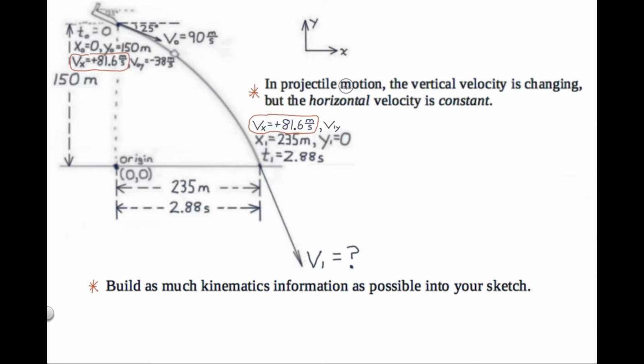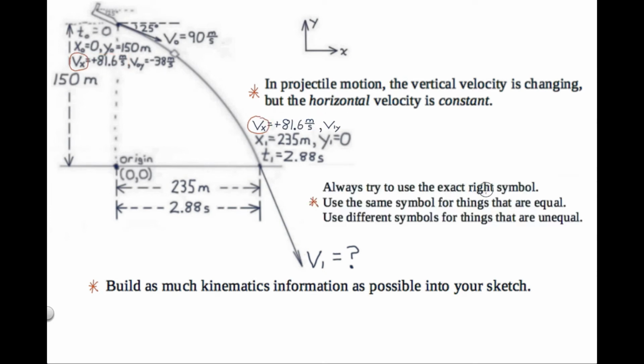Remember that in projectile motion, the vertical velocity is changing, but the horizontal velocity is constant. Since the horizontal velocity is constant, we know that the horizontal velocity at time 0 will be the same as the horizontal velocity at time 1. So we know that the horizontal velocity at time 1 will still be positive 81.6 meters per second.